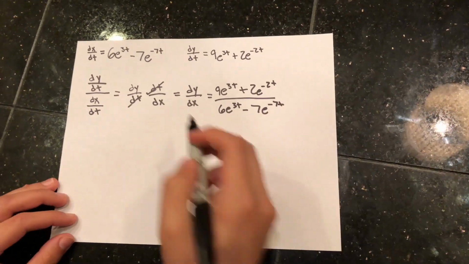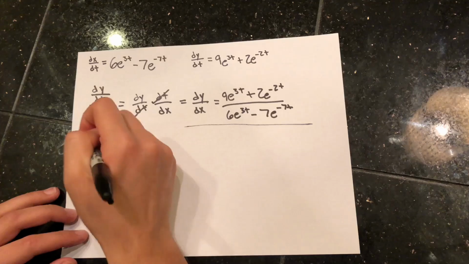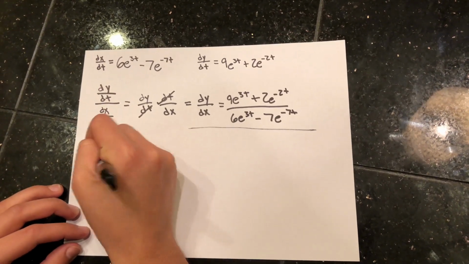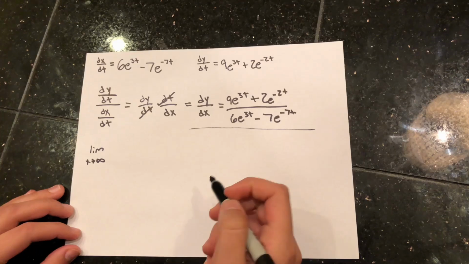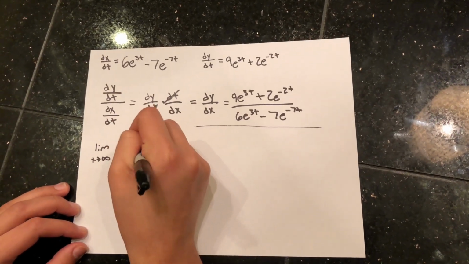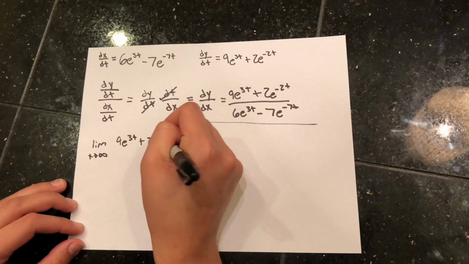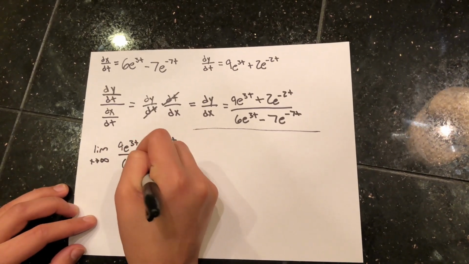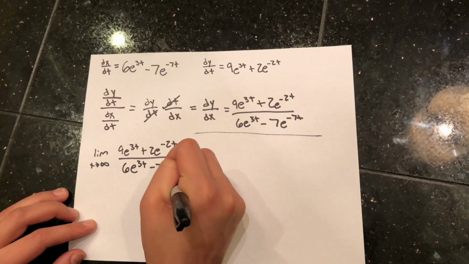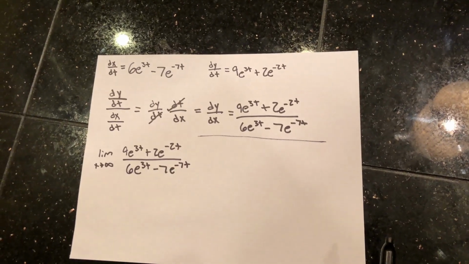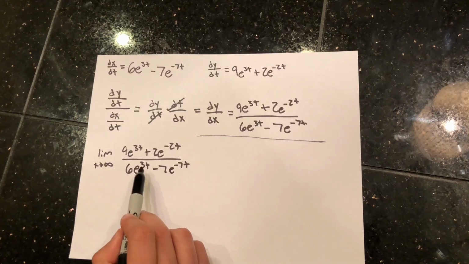And now, once we have this established, we take the limit of that. So the limit as t goes to infinity of dy over dx. Let me just write that out. Okay, so as these go to infinity, we have equal powers here.